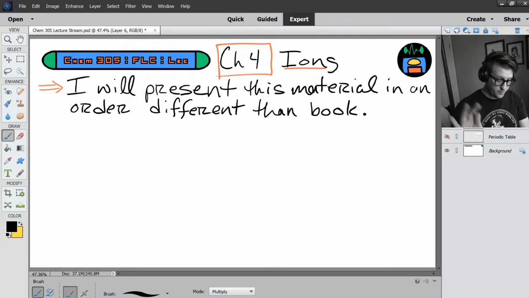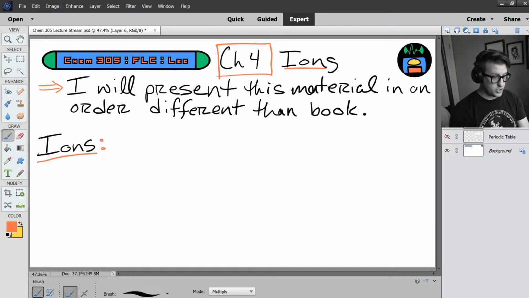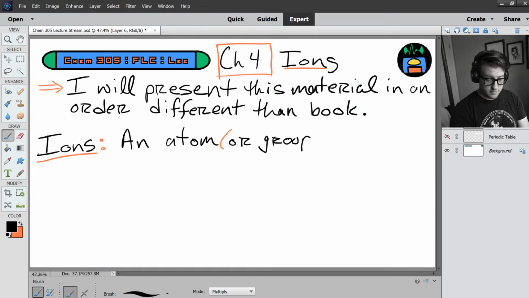All right. So with that being said, if we're going to talk about ions, it'd probably be a good idea to know what ions are. All right, and an ion is an atom, or group of atoms, to eventually.